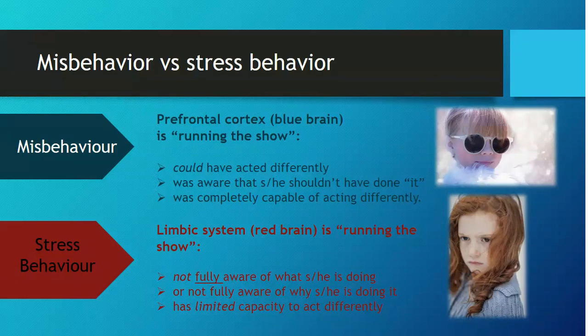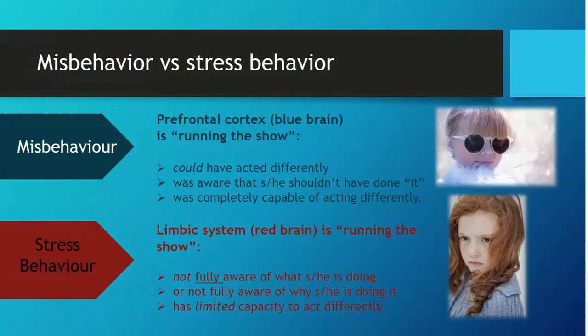Misbehavior is when the prefrontal cortex, or the blue brain, is running the show, and the child could have acted differently, was aware that she or he shouldn't have done it, and was completely capable of acting differently. What if it's another case?